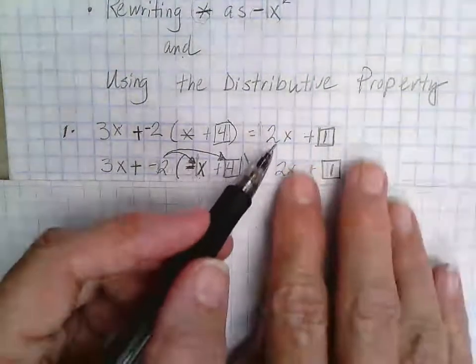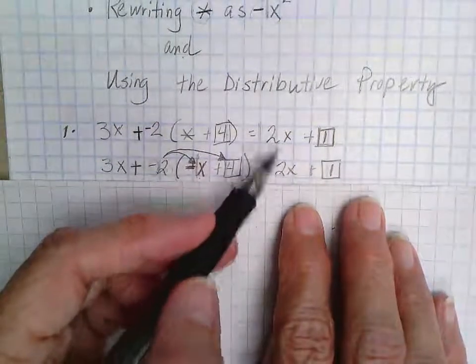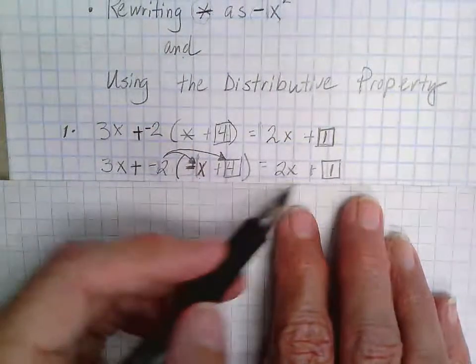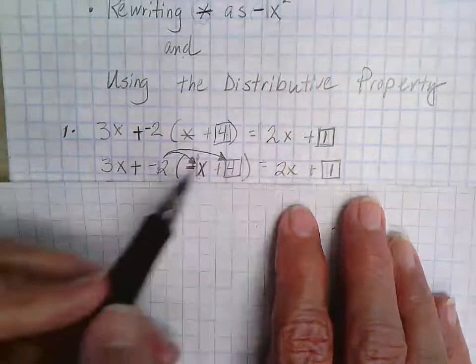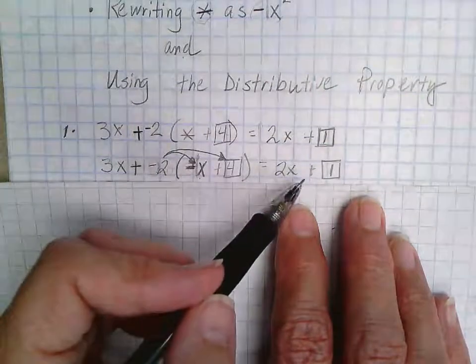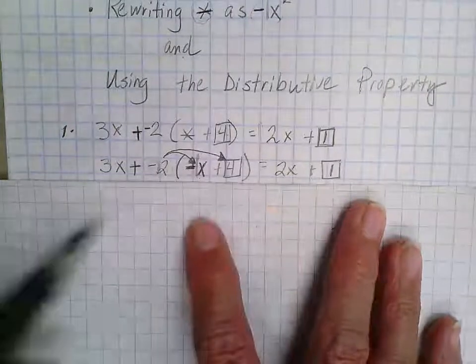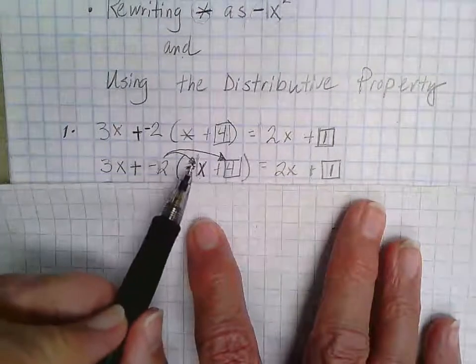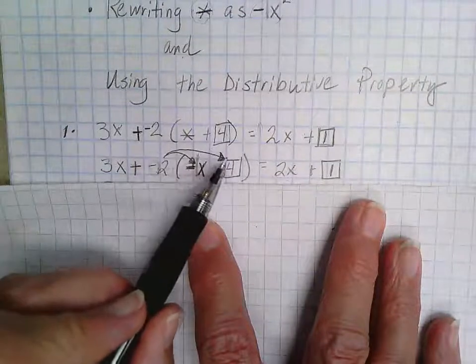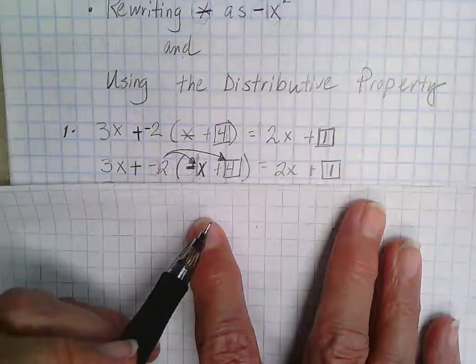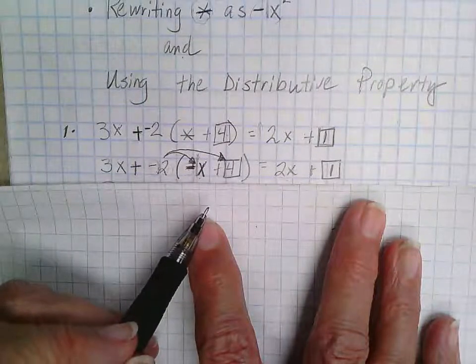And then I just rewrote everything that I don't have to change below so that the equation is still an equation. Pause the video if you need to. Make sure you draw the arrows showing where that 2 is going to be distributed throughout the parentheses.